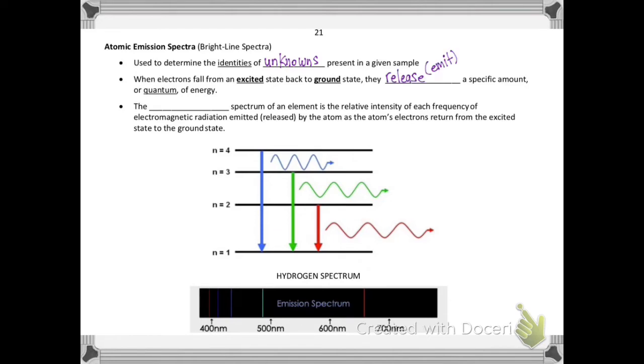And so you look at the emission spectrum. And it's funny, the emission spectrum is just going to have bright lines everywhere there were dark lines on the dark line spectrum, because the exact same frequency of energy that was absorbed is now being released when those electrons drop back down.